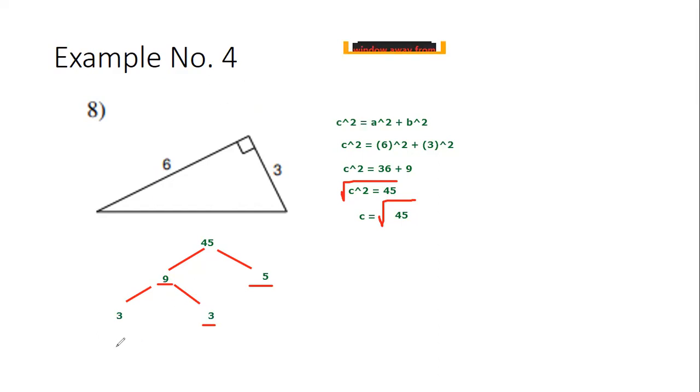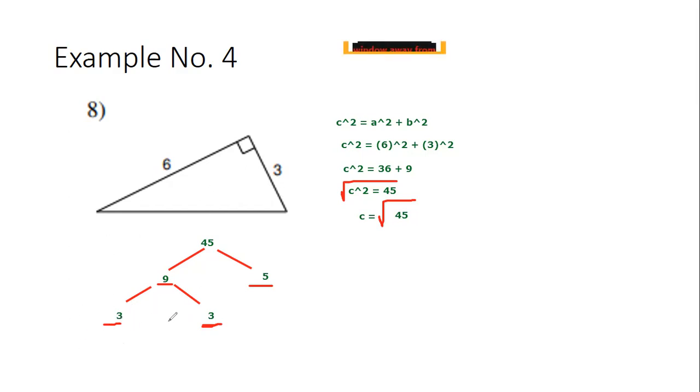Can we factor out 3? No. Why? Because 3 is a prime number. Exactly.